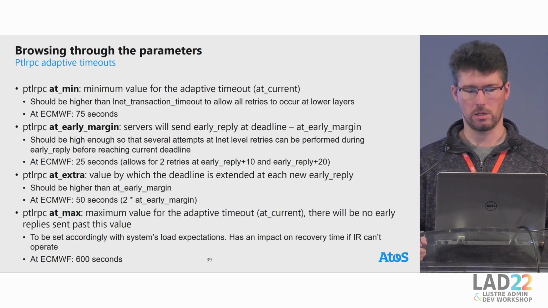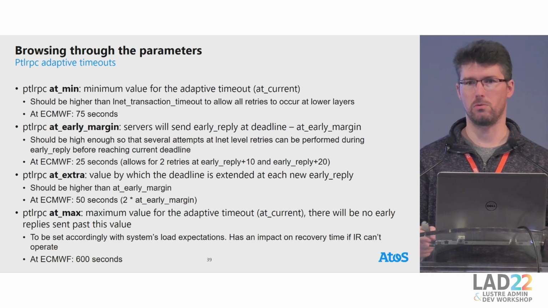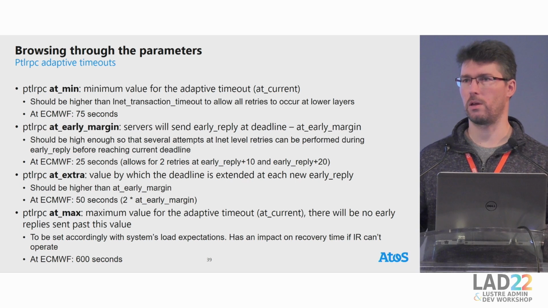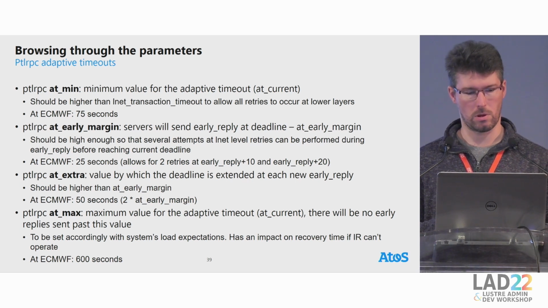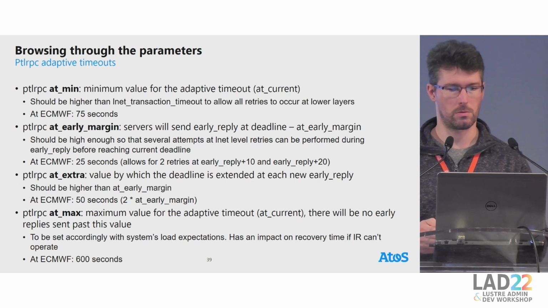Then comes the AT extra, which we've set to 2 times the early margin so that you don't notify the clients again too often. And the AT max is the default of 10 minutes.